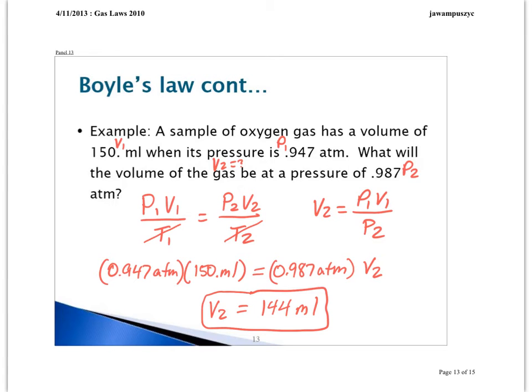Okay? A couple things. Make sure that the units are the same. So the two pressure units are both in atmospheres. If they're not, you're going to have to convert one of them. Okay, they must be the same. And of course, because the initial volume was in milliliters, your final answer will also be in milliliters. Now, a quick gut check. What happened to the pressure? We went from 0.947 to 0.987.